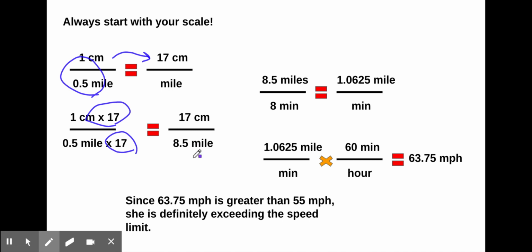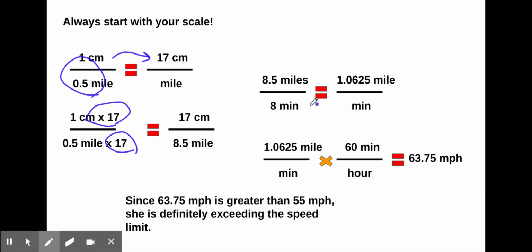Now, here comes that new part that's going to make you guys wonder. Well, we've got to figure out, okay, 8.5 miles is 8 minutes, right? Well, we want to figure out what it is per minute first, right?